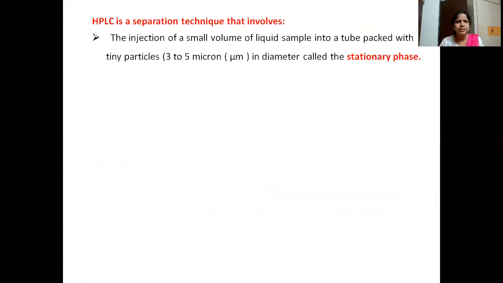Now, what is HPLC actually? Just a brief look at the technique. Here also we have two phases: the stationary phase and the mobile phase. The stationary phase is packed with tiny particles about 3 to 5 microns in diameter. Very small particles are taken as the stationary phase.